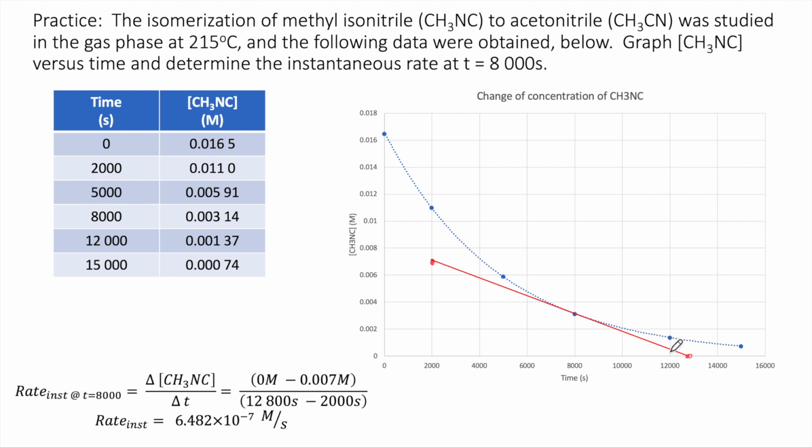And also my change in concentration: my final being 0, my initial up here I estimated about 0.007 molar, and by taking those values over here, I should end up with a value about like this.